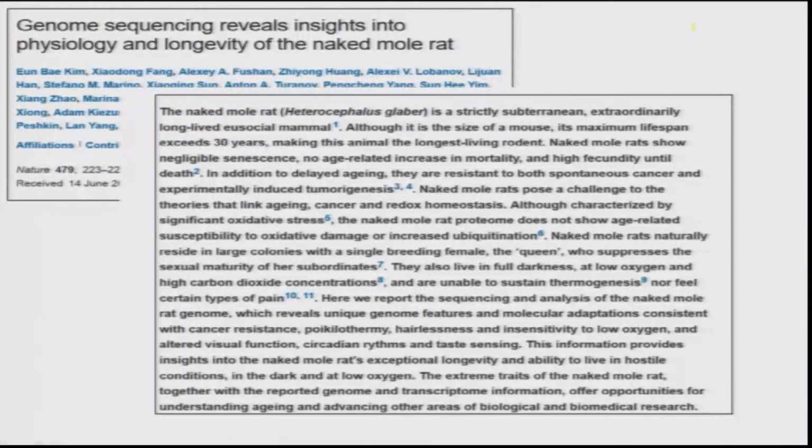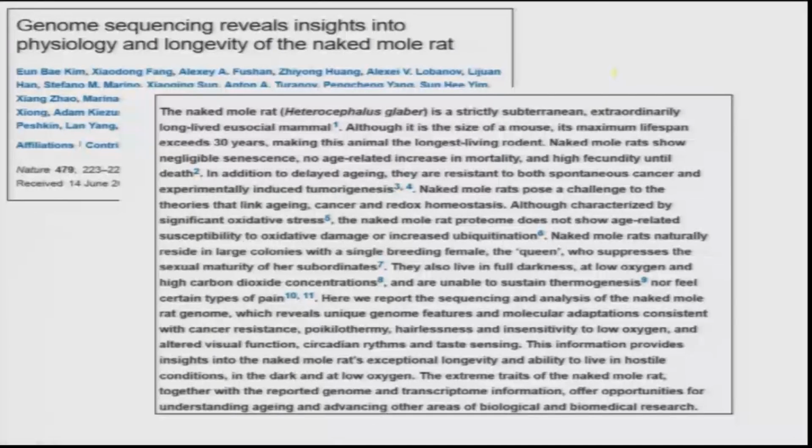I'm just putting one paragraph again to help you appreciate what is so unique about this naked mole rat. It's strictly subterranean, meaning it lives underground. Extraordinarily long-lived mammals. Although the size of a mouse, its maximum lifespan exceeds 30 years, making this animal the longest living rodent. Naked mole rats show negligible senescence.